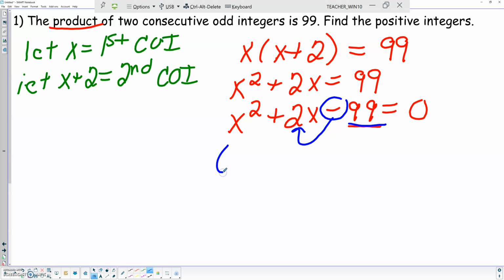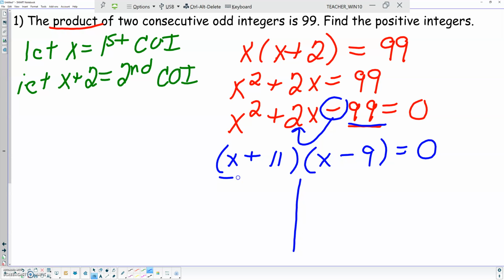So the numbers that multiply to 99 and subtract to 2 are 11 and 9. Okay, so the signs are going to be different inside the parentheses, and the numbers have to combine to positive 2. So positive 11 and negative 9 combine to positive 2.